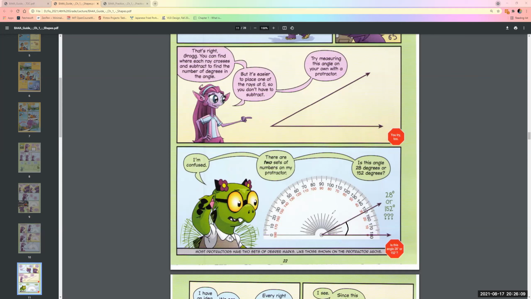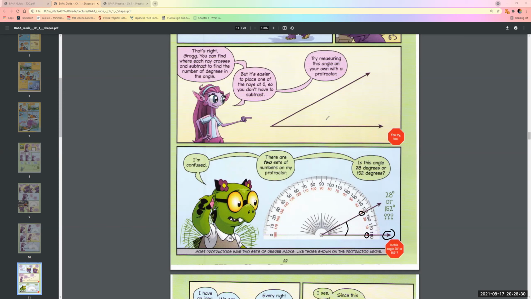The bottom arrow is pointing to the right. Right. So in this case, we seem to be starting from this 0 right here, and that's why we are using the bottom numbers to go up to 28.